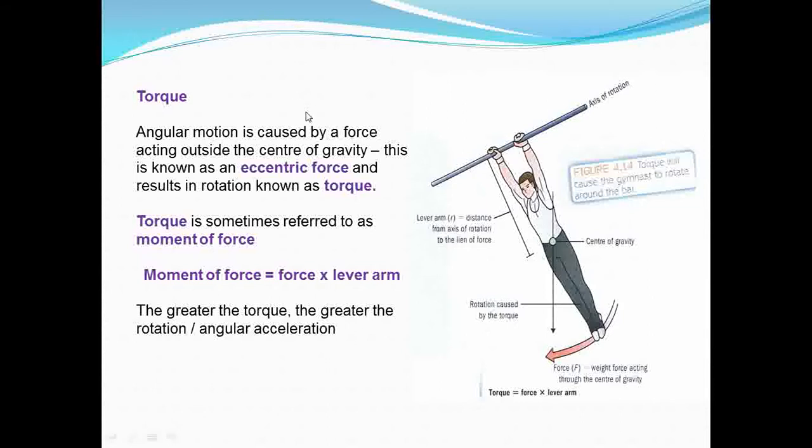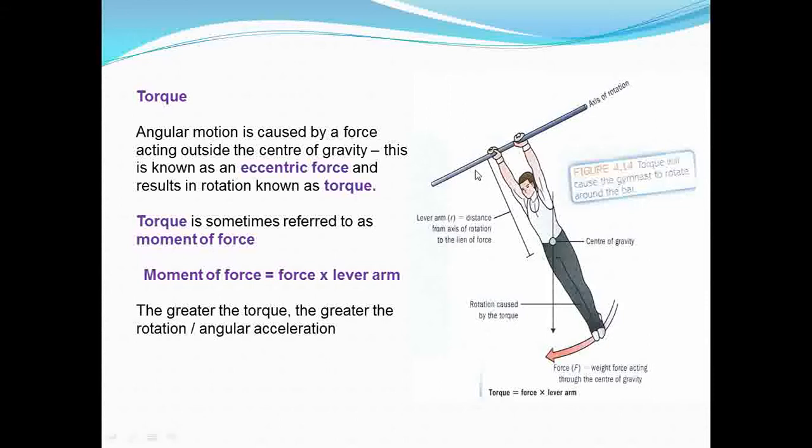Now, torque is an important concept. Torque is a measure of the force that occurs when we're spinning around something. It's also referred to as moment of force, and we can calculate the torque by multiplying the force that's being applied through an object or a person and times that by the lever arm.